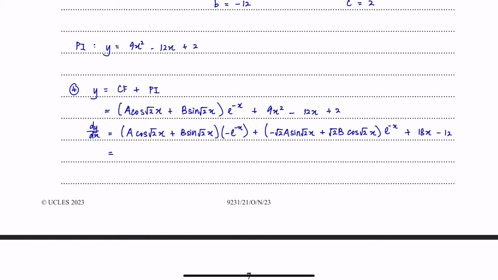And now we can simplify this to e to the power of negative x times bracket (negative a plus 2b) cos 2x plus (negative b minus 2a) sin 2x, plus 18x minus 12.